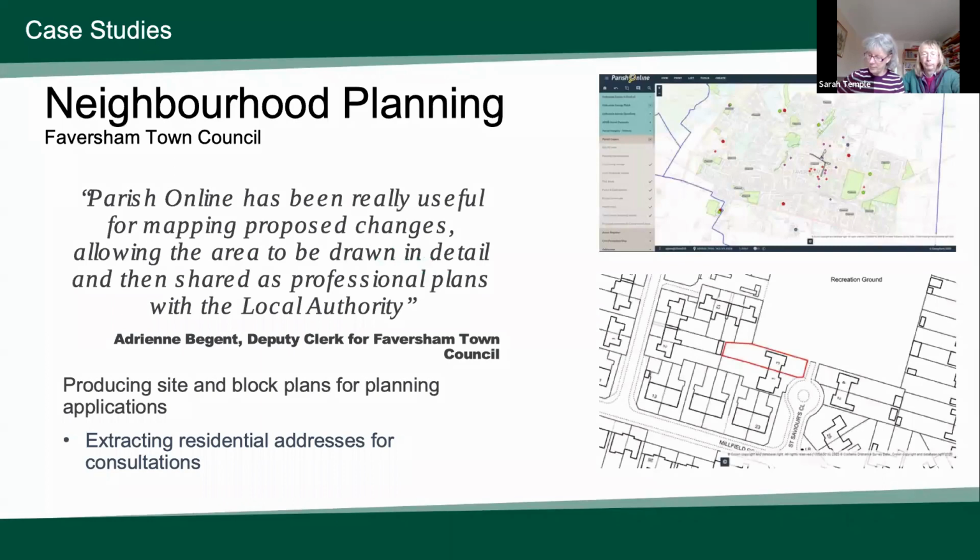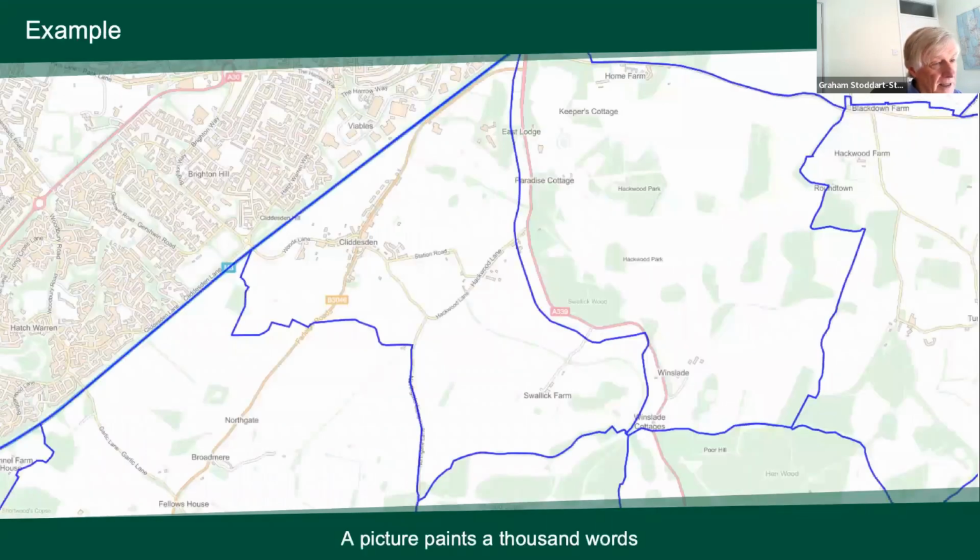So other people, this is what they've done with Parish Online. And I'll just zoom through these because most of you will know that it's just handy to know that someone has done neighborhood planning. In fact, neighborhood planning is usually the reason that people buy Parish Online in the first place.